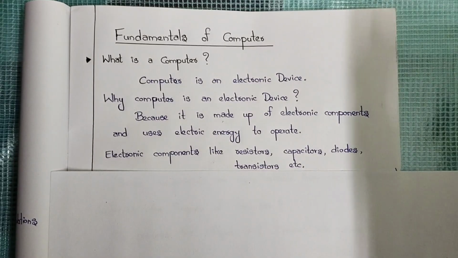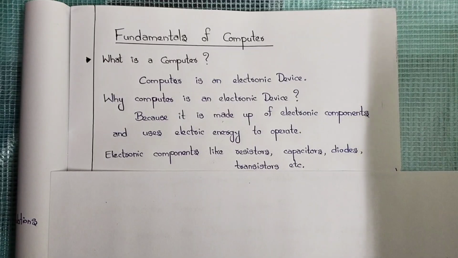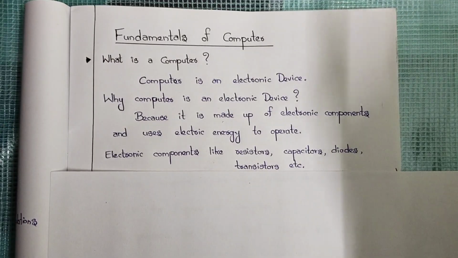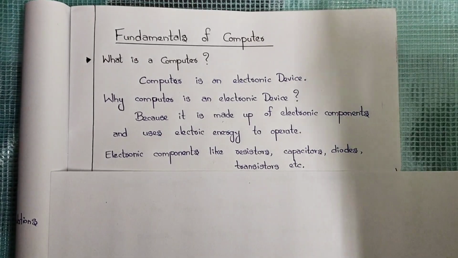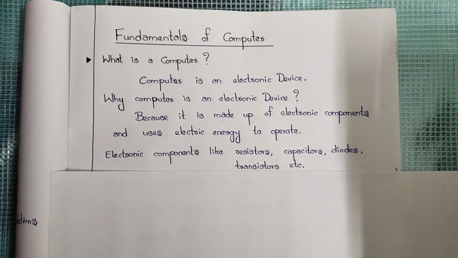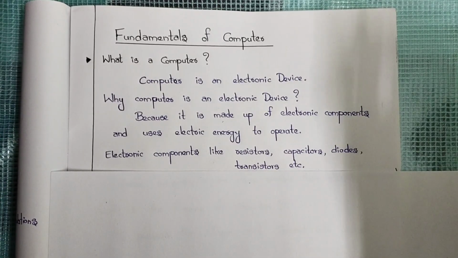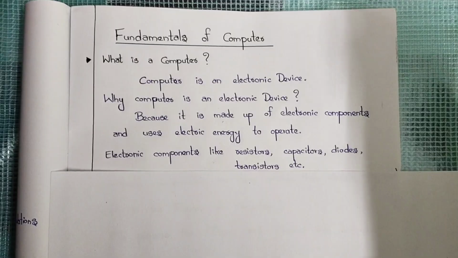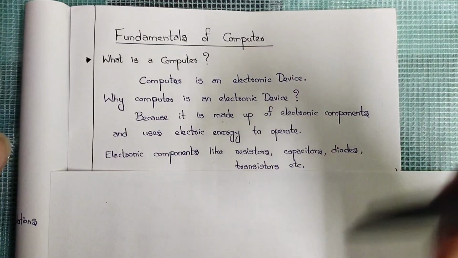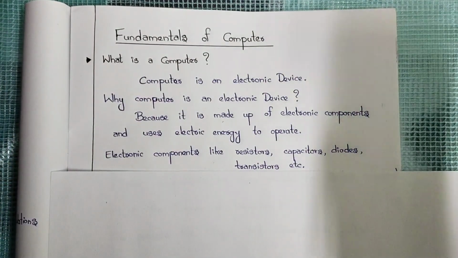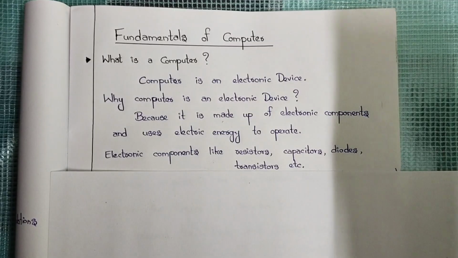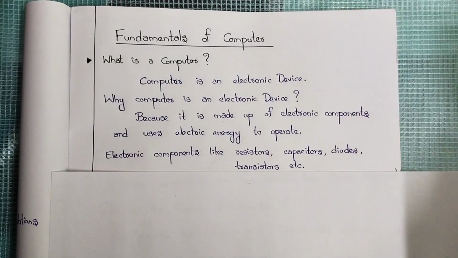But if there is a current fluctuation in your lab, let's say to a computer system, will that computer be gone like the light or the bulb? No, right? These computers are made up of electronic components. That is why the computer is more reliable.